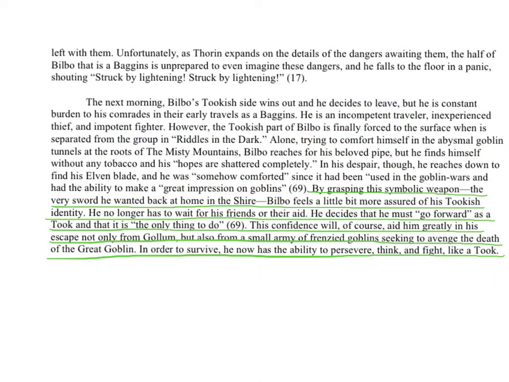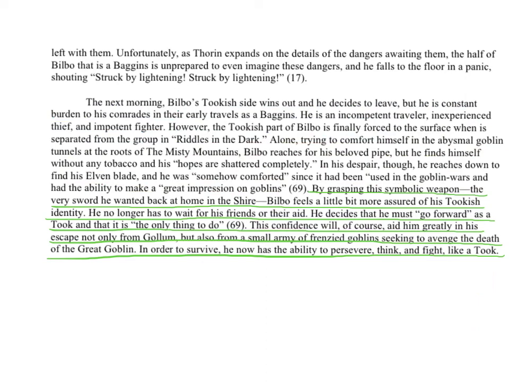Now, in my commentary, I explain why the sword is so comforting to Bilbo. Whereas the Baggins side of him might not understand what to do with the sword, his Tookish side does. The sword reminds him a little bit of this Tookish identity that has not been awakened yet.